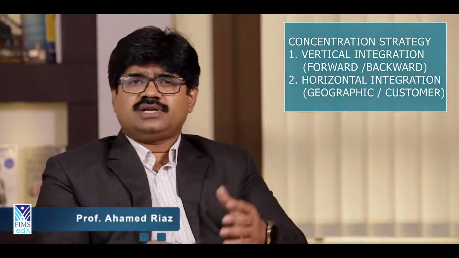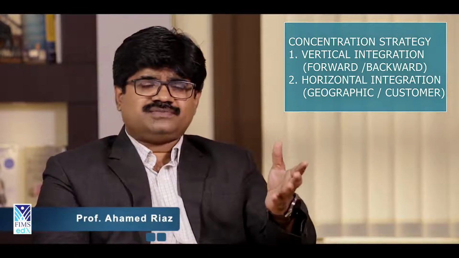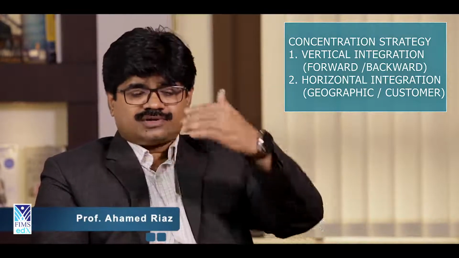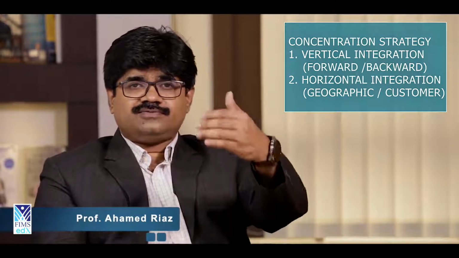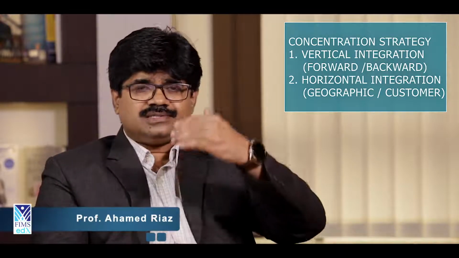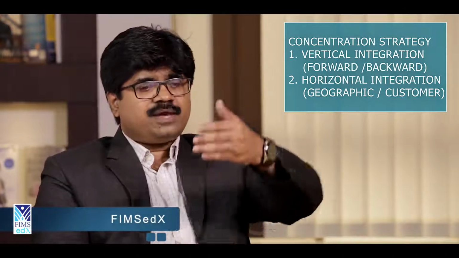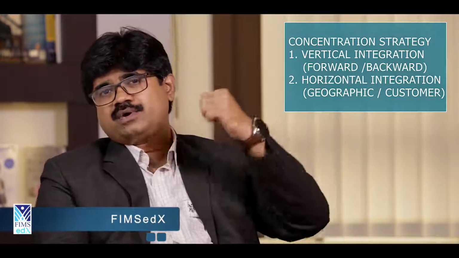A lot of car companies like Ashok Leyland or Toyota, many of the companies have started car finance. So car finance is a forward integration of car companies. So that is going ahead in the supply chain. And if it is going behind or backward in the supply chain, that is backward integration.